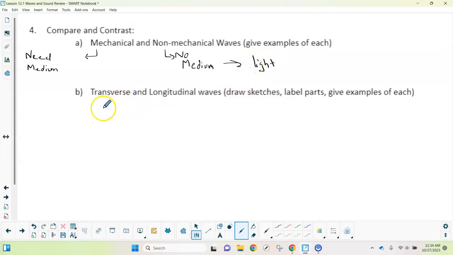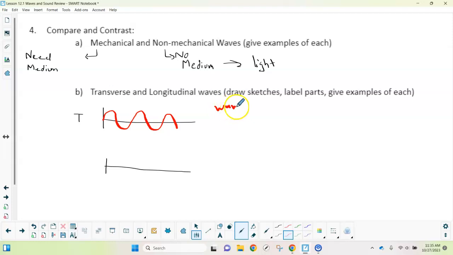For transverse and longitudinal waves, those are two types of waves, so I'm going to draw them going across here. The transverse wave is the one that has the bumps. It's your traditional looking wave, so that would be my picture of it. The wave motion is perpendicular to the vibration, and perpendicular means at 90 degrees.